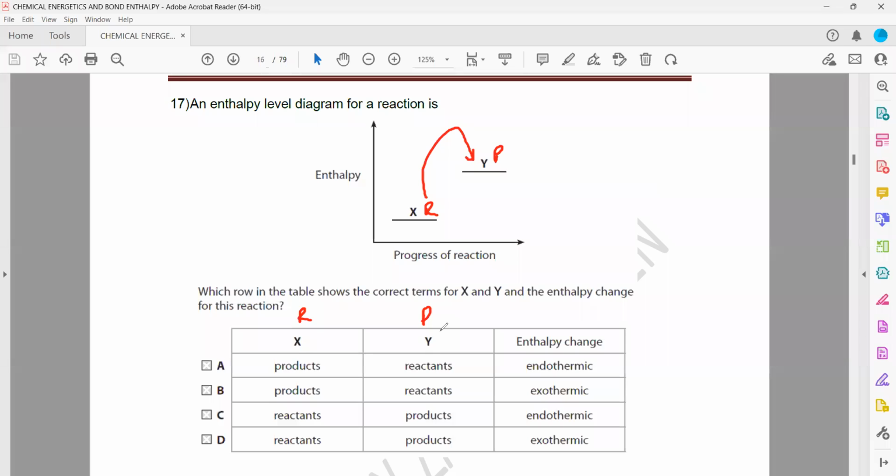So X is representing the reactant and Y is representing the product. So what kind of reaction? This will be an endothermic reaction, because in an endothermic reaction, the reactants absorb energy and then form a product. The reaction is endothermic. So C will be the right answer.